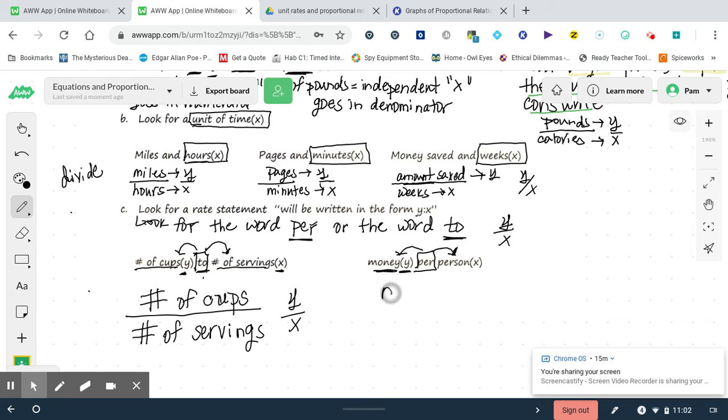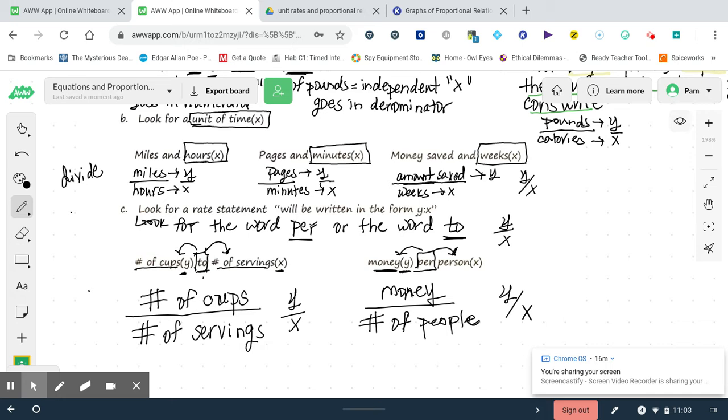So in this case, it would be the amount of money divided by the number of people. So that's y divided by x. Okay, so we see how to set it up.